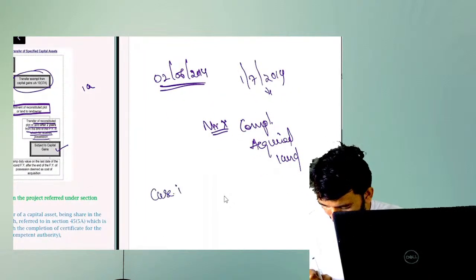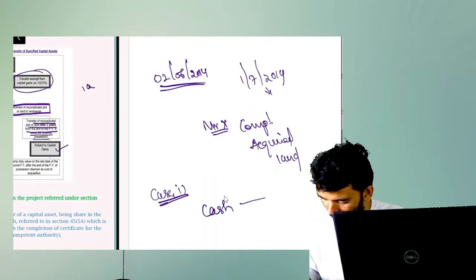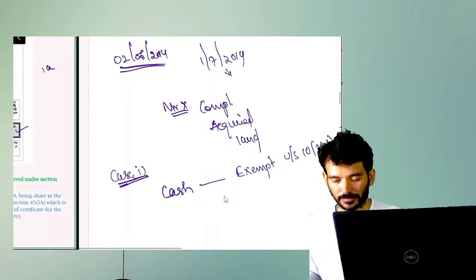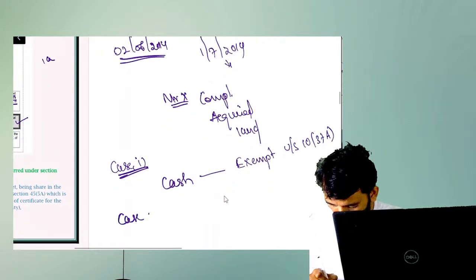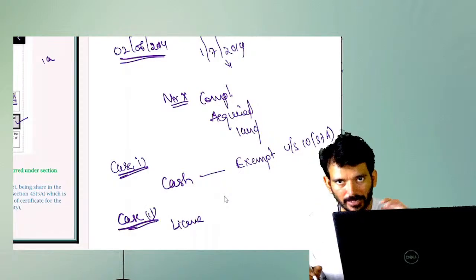Case 1, government is paying you cash, then that is exempt under section 10(37A). Clear? Now case 2, they are giving you license, I mean like right in the property.